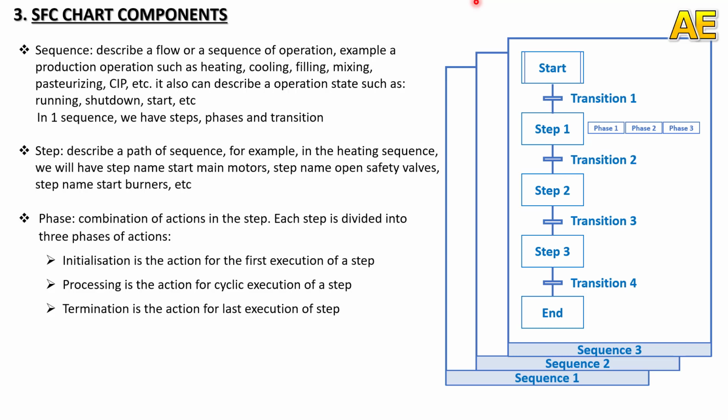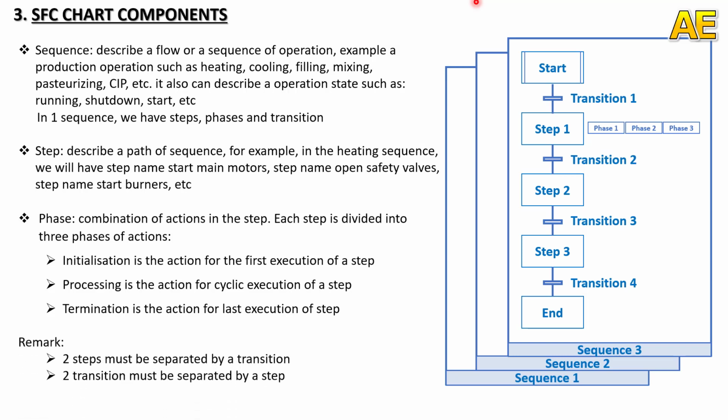In a medium runtime config, the transition is queried depending on the step control mode. Only after this time has elapsed, the actions of the end step are executed once only. In one node, 2 steps must be separated by a transition and 2 transitions must be separated by a step.